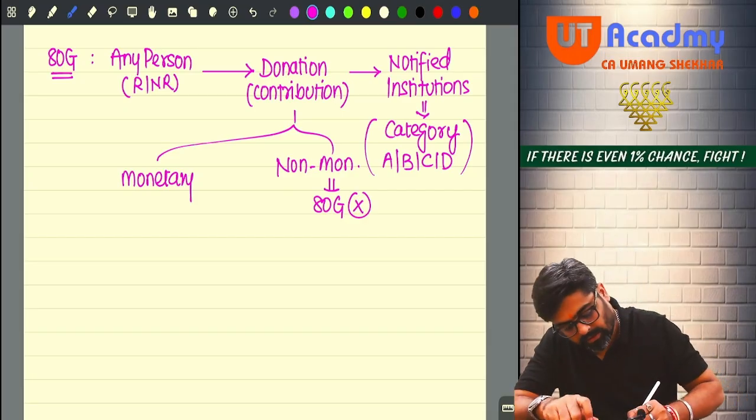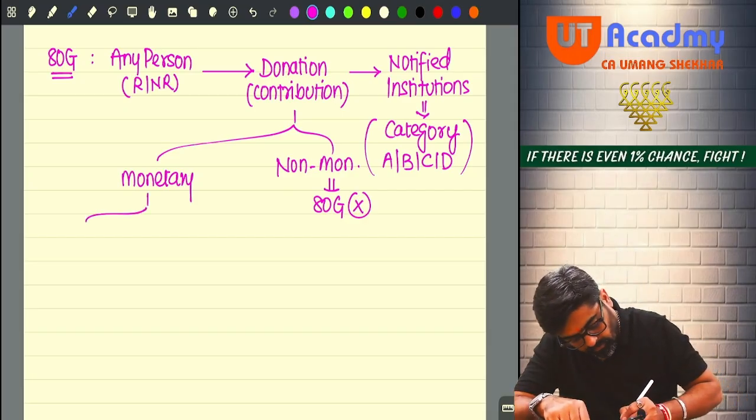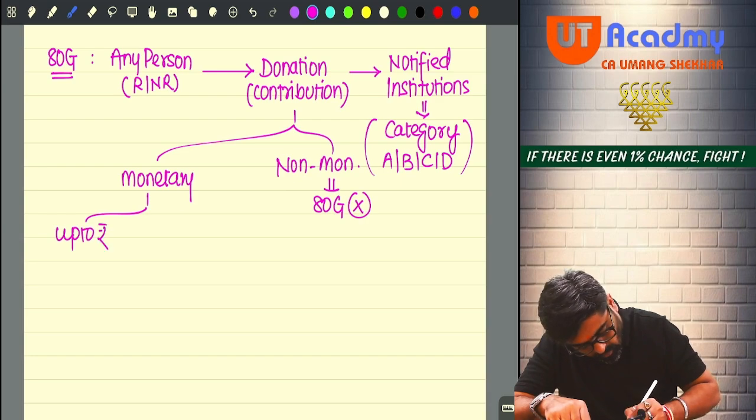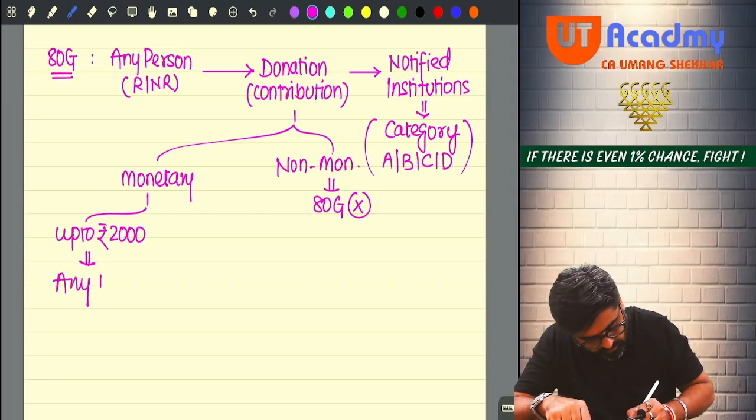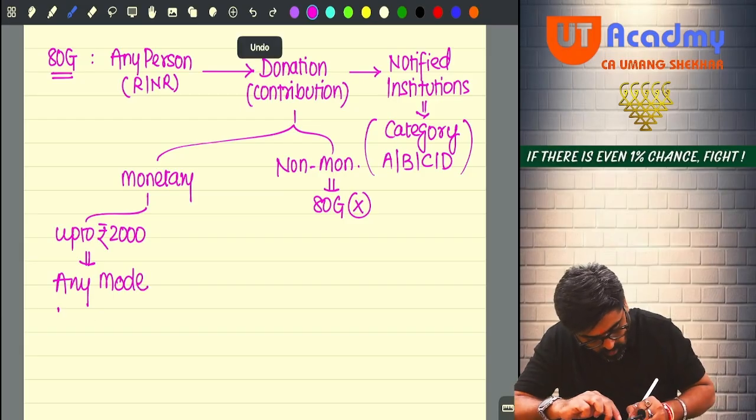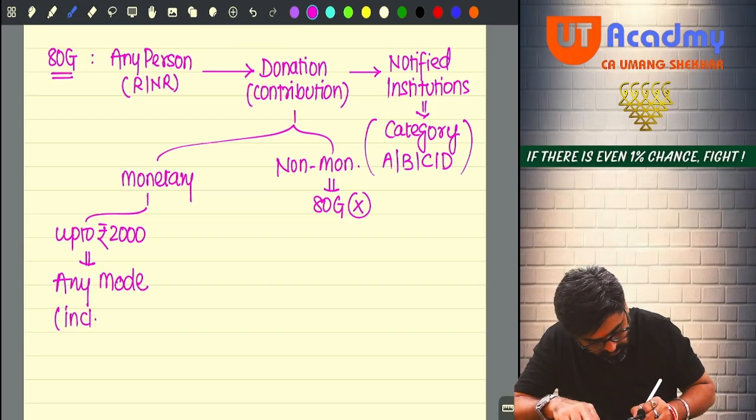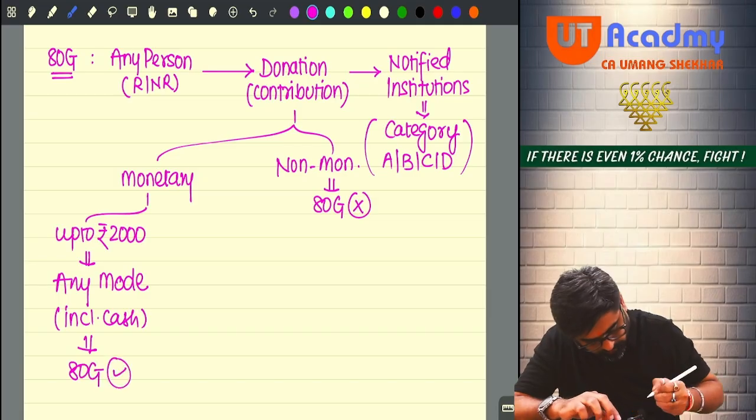Now the monetary donation, the amount of that donation up to rupees 2000 can be made by any mode, including cash, and will qualify under section 80G.